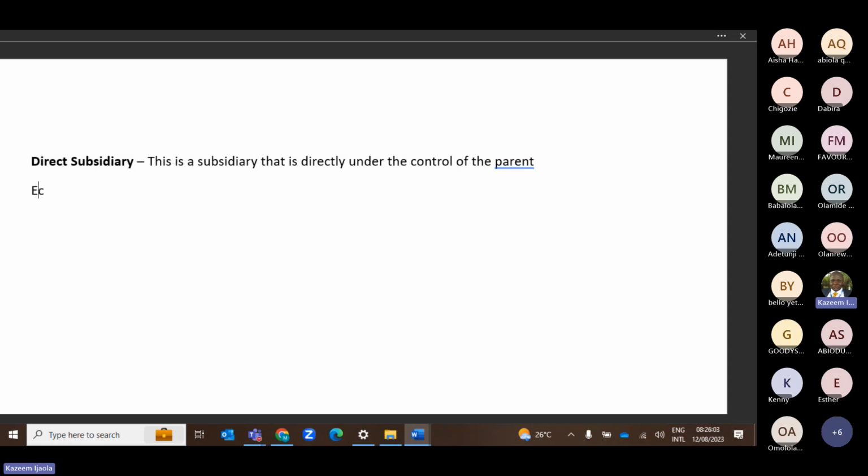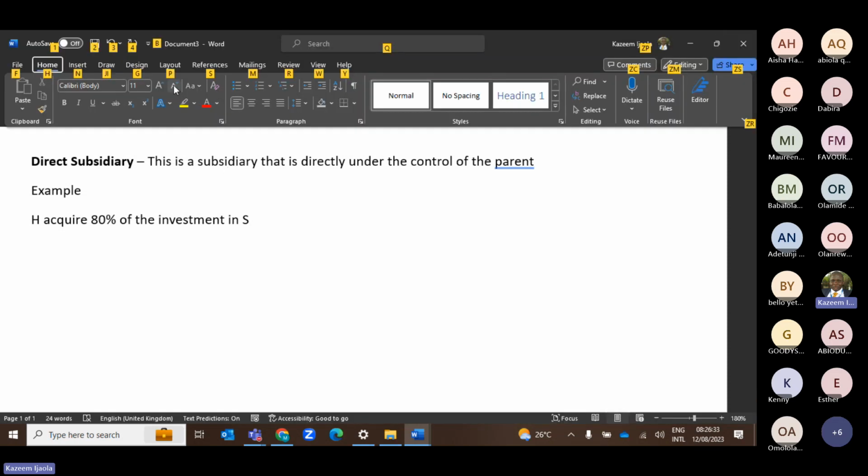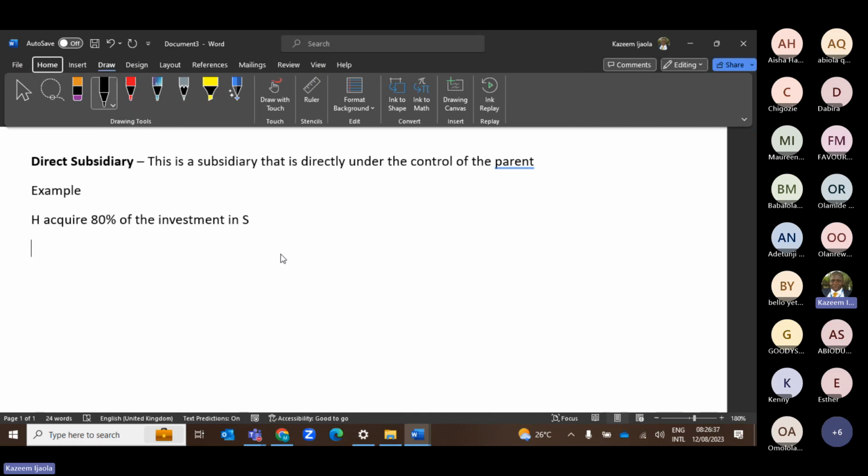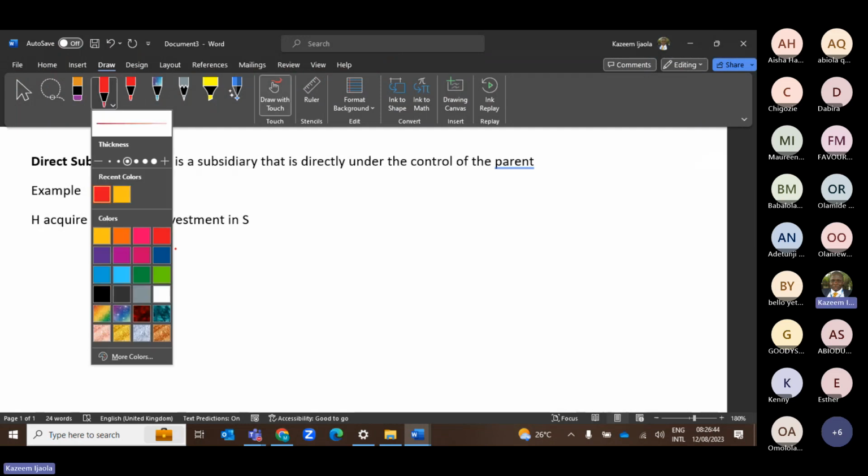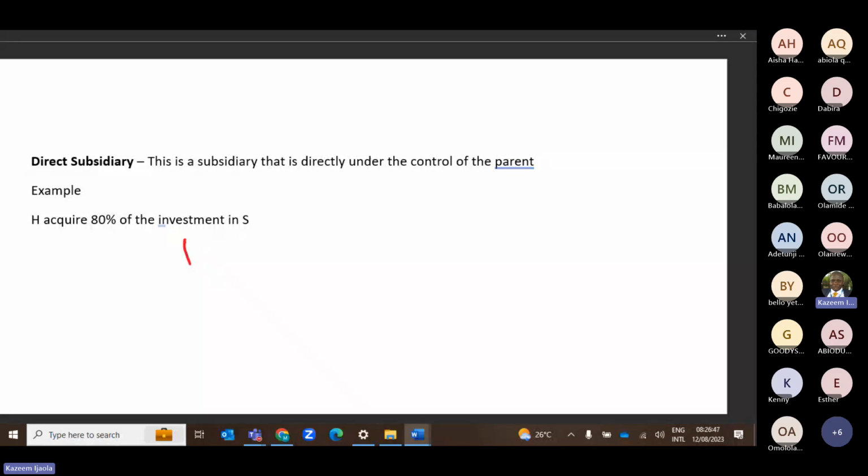An example of a direct subsidiary: H is our holding company, or parent, and H acquires 80% of the investment in X. So in this case, you have your H acquiring X, which is 80%.